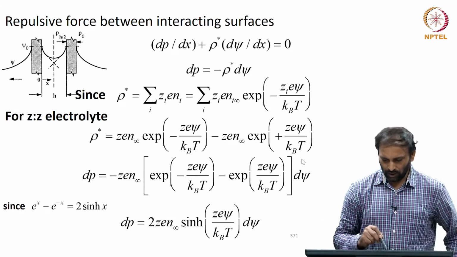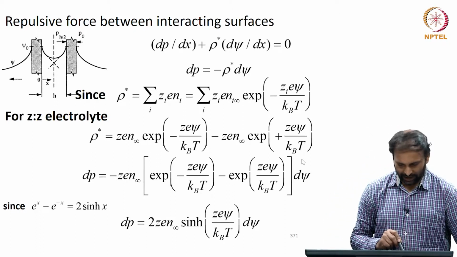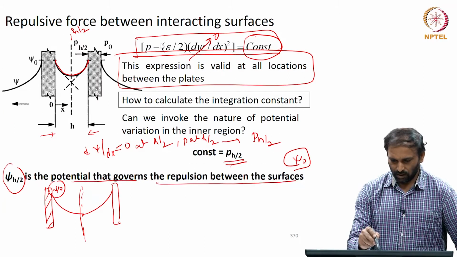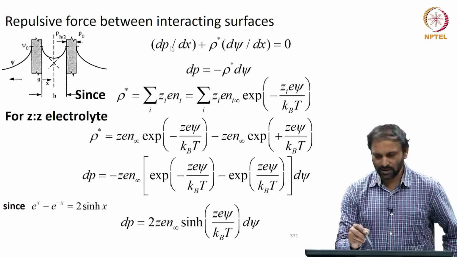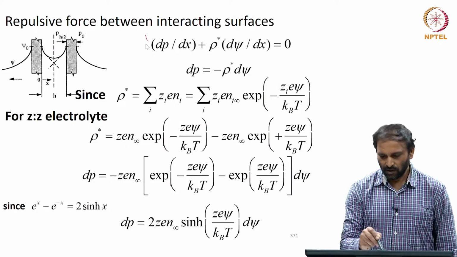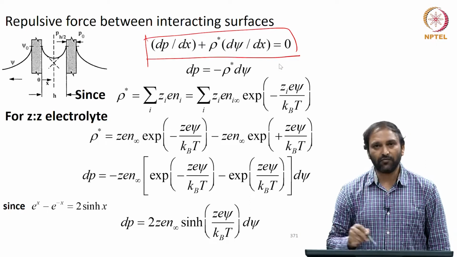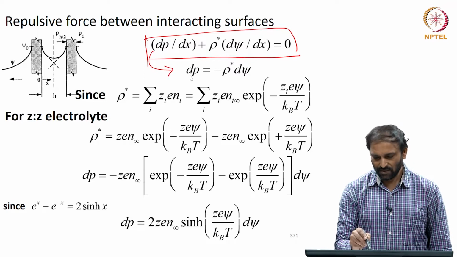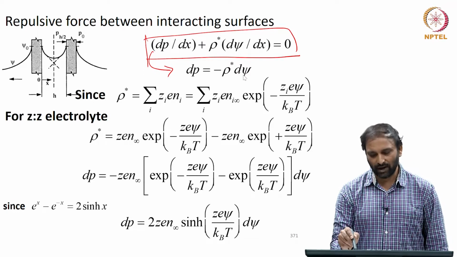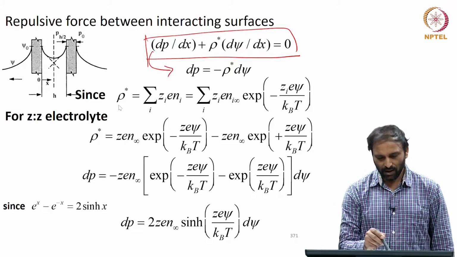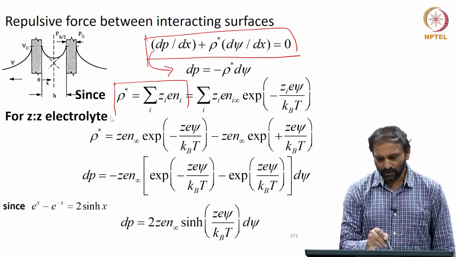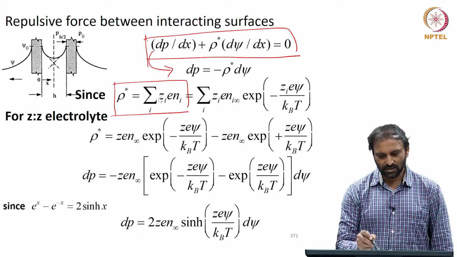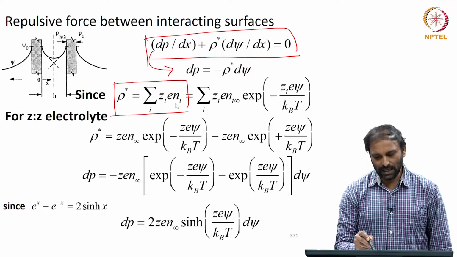Now we would like to express the potential, so we will again do some simplifications. That is the force balance, and therefore I can recast this as dP is equal to minus rho star multiplied by d psi, and we know that the charge density in solution can be written as the summation over i of Z i e times n i.